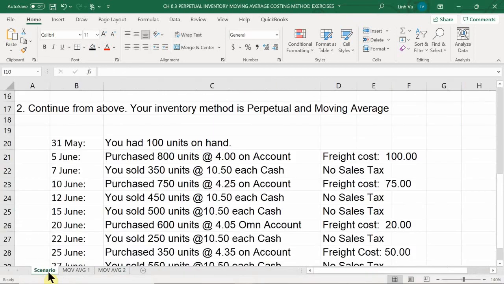All right, so let's see what happened next. Then on June 10, we purchased an additional 750 units at $4.25 each with a freight of 75.